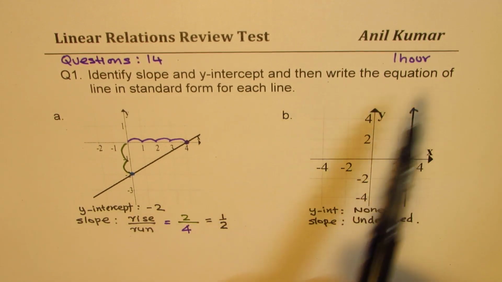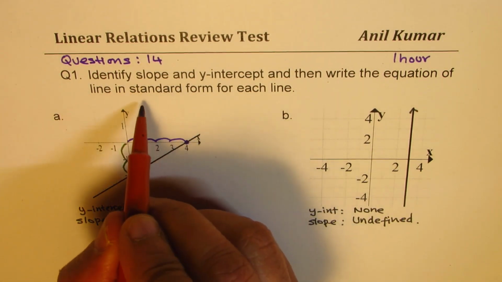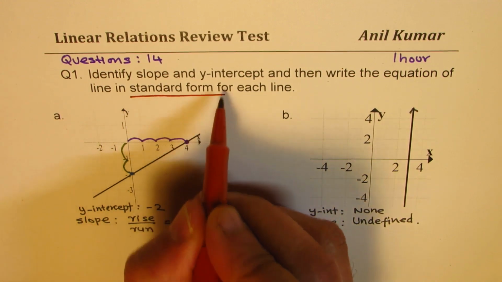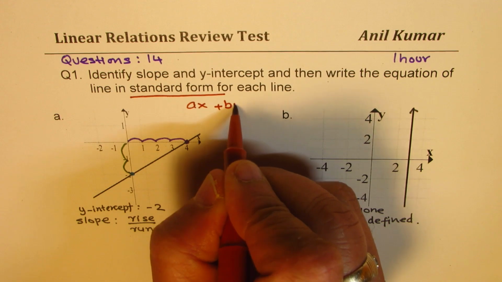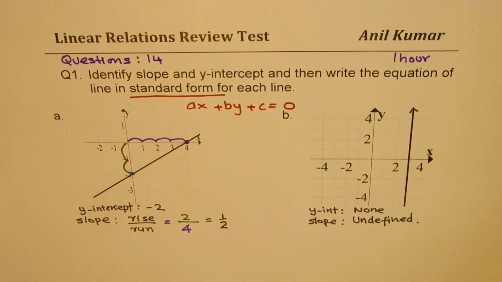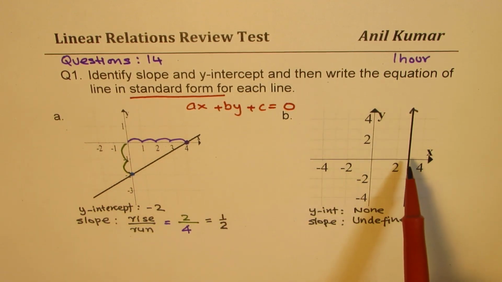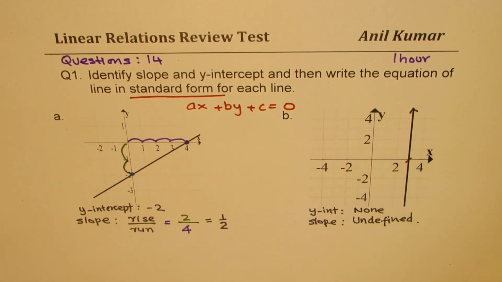Now we need to write equation of the line in standard form. Now this is very important to understand. We are writing equation of the line in standard form. Standard form means ax plus by plus c equals to 0. That form. Not slope and intercept form. Perfect. Now, as far as the vertical line is concerned, we identify the x-intercept and then write down the equation.